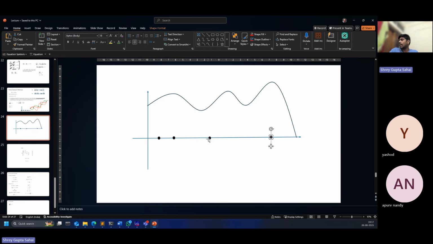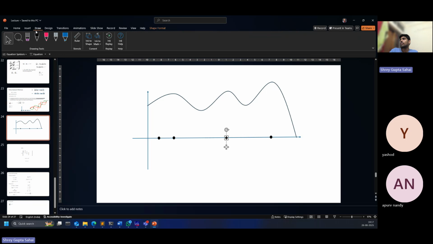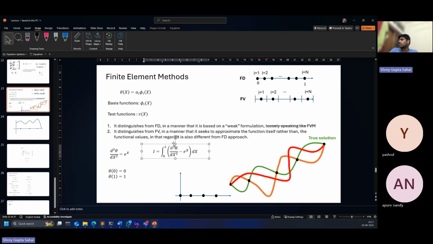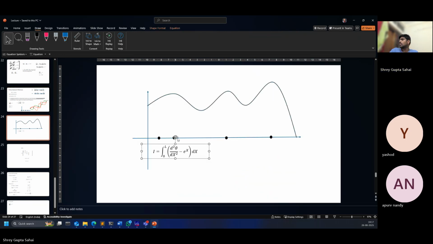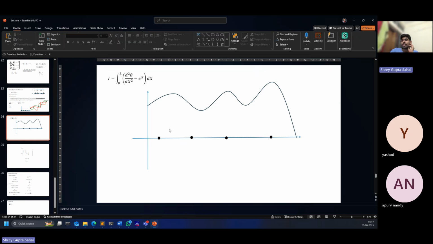Now tell me, if I'm doing an integral after all, so area under the integral is something that I'm calculating, right? I'll put that also up there. How do you ensure that the error near these four points, or at least the weight near these points, is high?